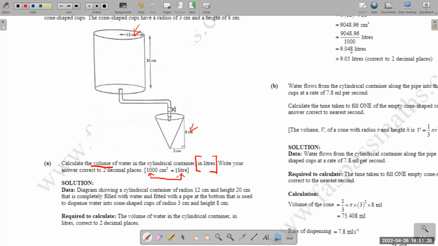Everybody see that? The last one that we need is the height. What's the height?